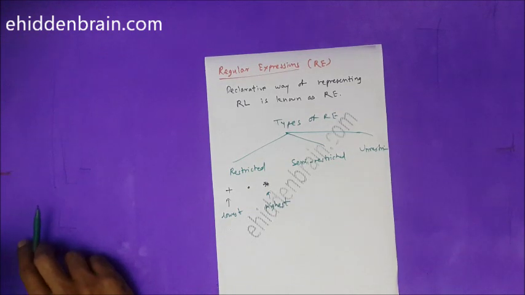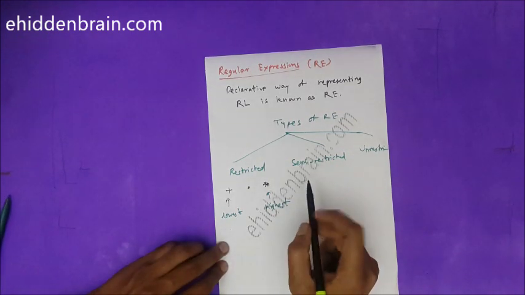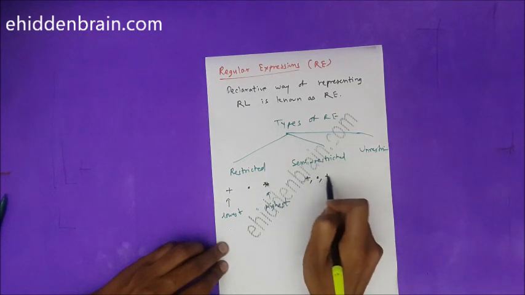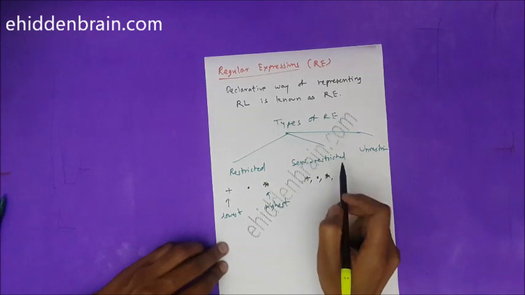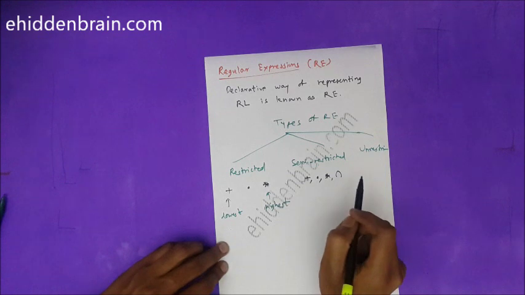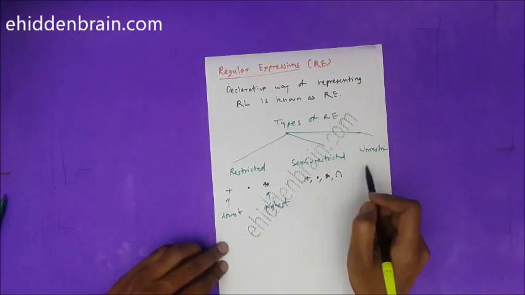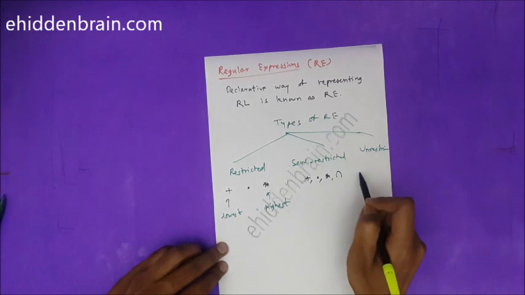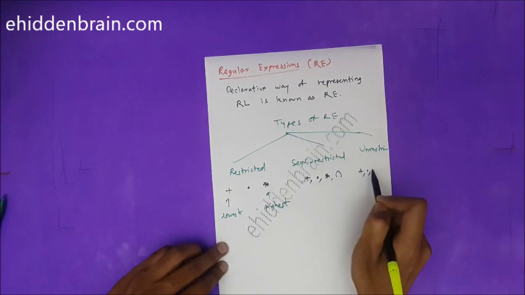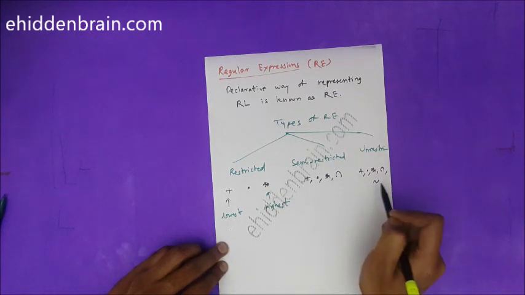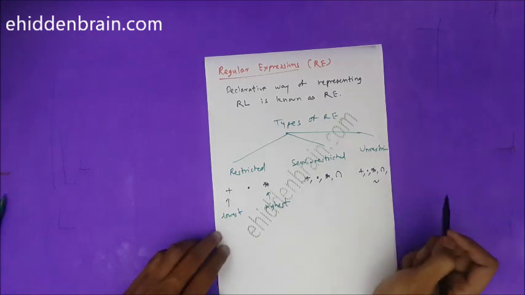Now semi-restricted is a superset of restricted where plus will be there, dot will be there, star will be there, as well as intersection symbol will be there. And now unrestricted will be superset of semi-restricted where plus, dot operator, star, intersection will be used, and tilde will be used, which is a complement operation, right?